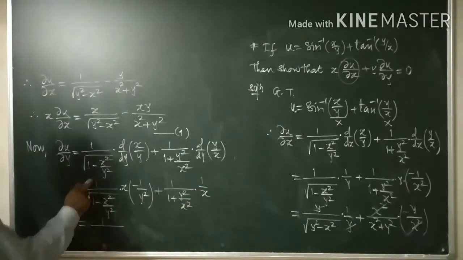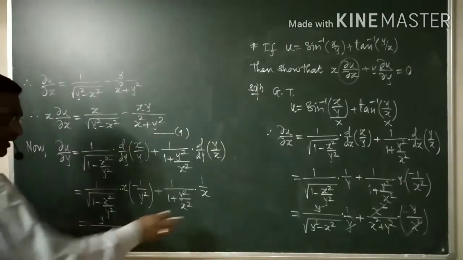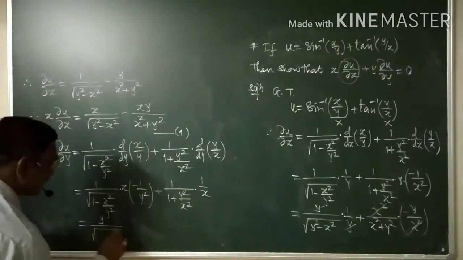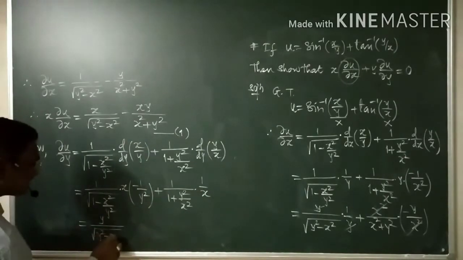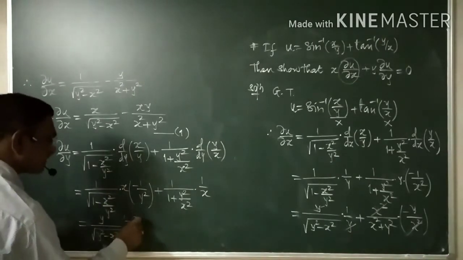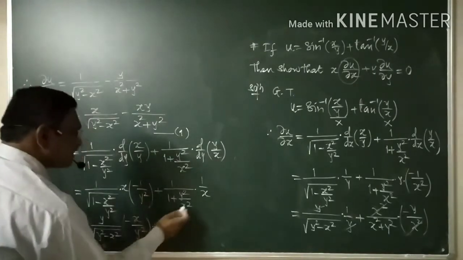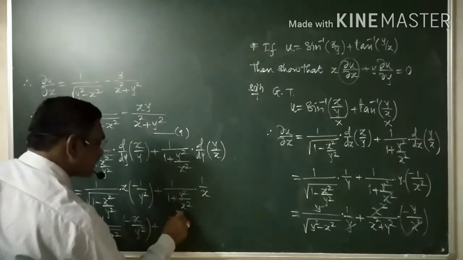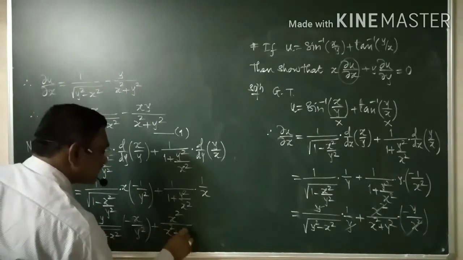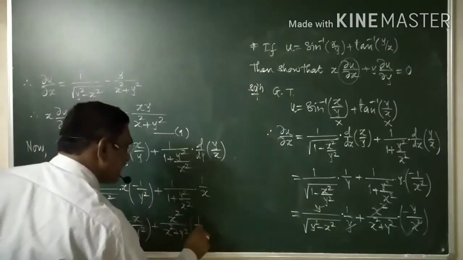This y will be on the upper side, therefore in the numerator: y upon root y square minus x square, into minus x upon y square. This plus this x square at numerator, x square upon x square plus y square, into 1 upon x.